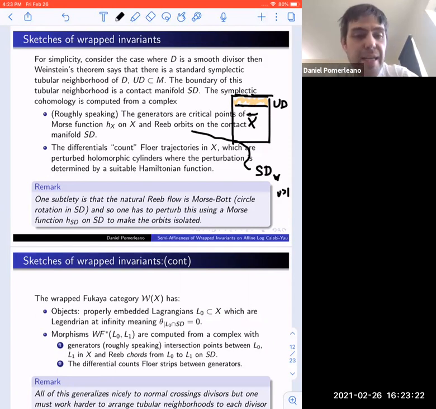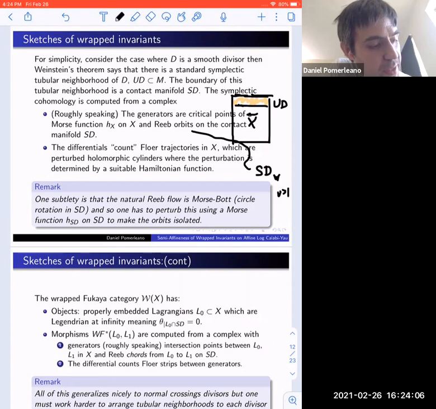Technically speaking, of course, just as in ordinary Morse theory, it's not a non-degenerate flow. It's a Morse-Bott flow. So you can either work with that directly in this case, or perturb using a Morse function to make the flow non-degenerate. Let's say, just for simplicity, you do the second thing, where you make the flow non-degenerate. Then the differential will count Floer trajectories between orbits.